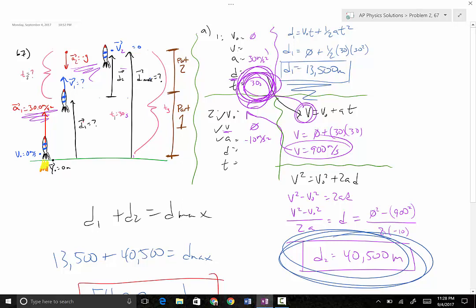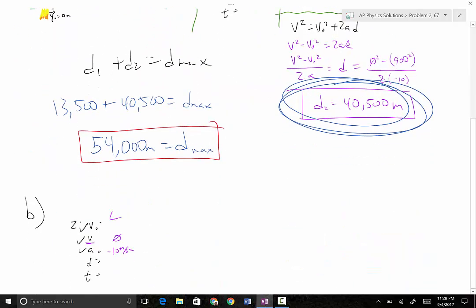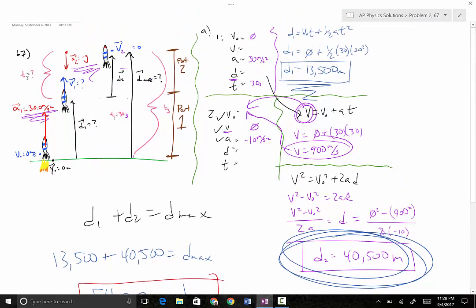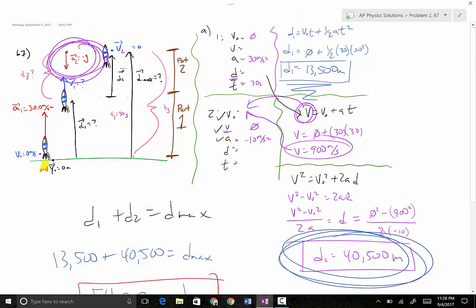So it accelerates at 30 meters per second squared for 30 seconds. So whatever time I find out here, I just need to add that 30 seconds to it at the end. Alright, so this is the equation for part 2 when it starts to accelerate at negative 10 meters per second squared over here.